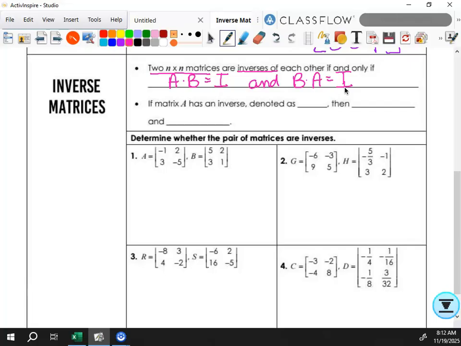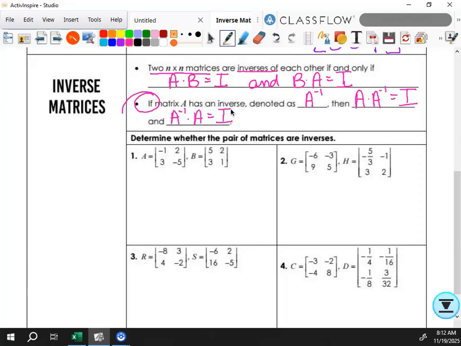And then this says if, right? Not all matrices have inverses, okay? Or I'm sorry, yeah, if it has one. It's denoted by A inverse, then A times A inverse is equal to I. And A inverse times A is equal to I.